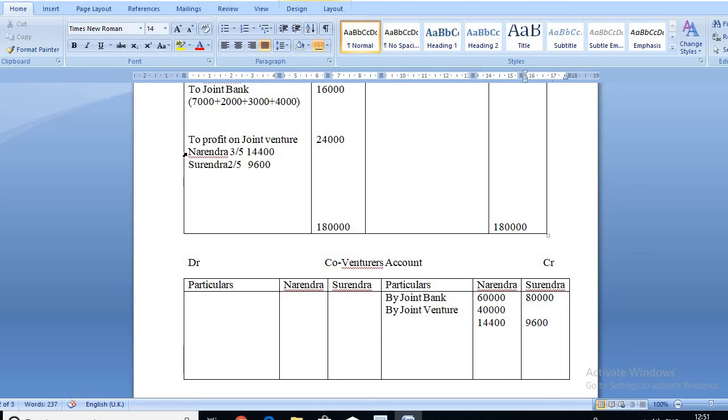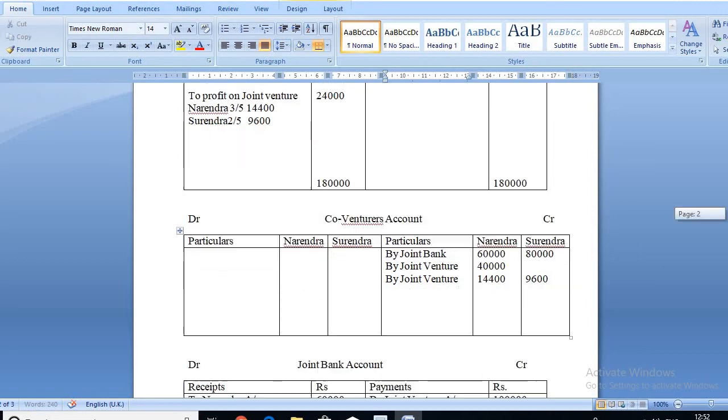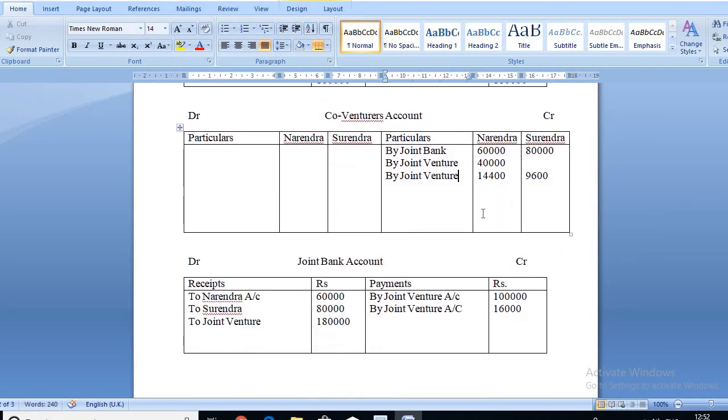What is this? It's the profit portion of Narendra and Surendra. Where? In joint venture. So here write down by joint venture. In bracket, if you want, you can add profit. So joint venture account is over. Now make the balance of this co-venture account.